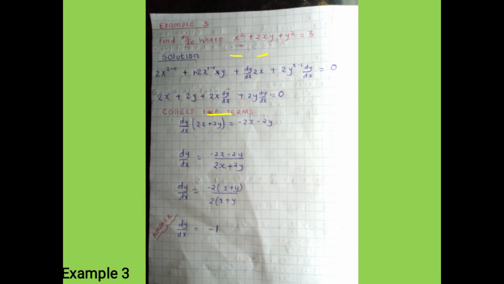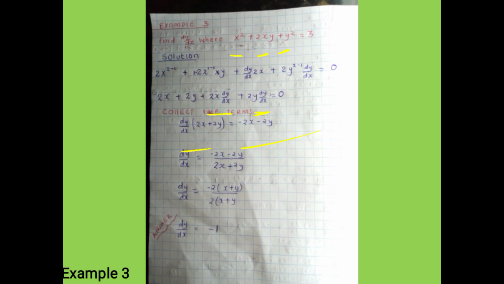So plus this one now, y squared, you differentiate, you get 2y dy/dx because we are differentiating with respect to x, and is equal to 0 because we are differentiating a constant. And collect like terms, that is dy/dx on the left side and the constant terms on the right hand side.